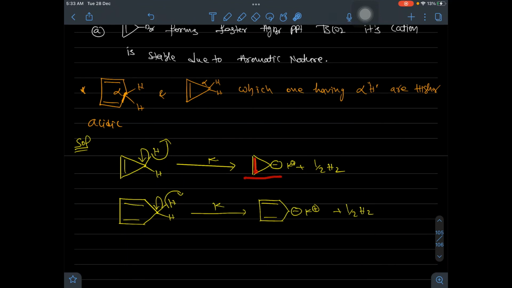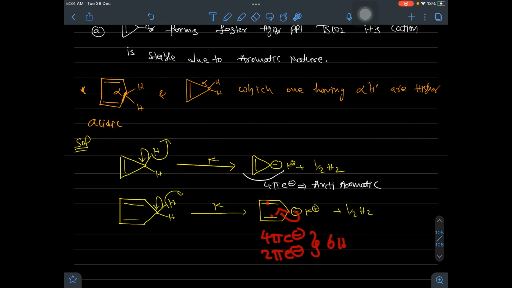In this pi bond, there are 2 pi electrons, and the negative charge involved in conjugation gives 2 more pi electrons. So a total of 4 pi electrons are present, and 4 pi electrons means anti-aromatic. Here 2 pi bonds means 4 pi electrons, and the negative charge involved in conjugation gives 2 more, so it becomes 6 pi electrons. 6 pi electrons means aromatic.